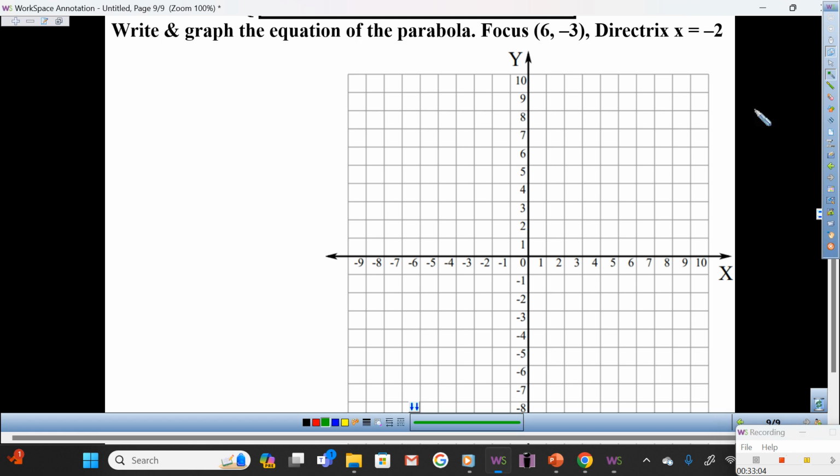Anthony E., what did you write? What'd you start with? Close. y squared equals 4px. And we look at the focus, it doesn't have a 0, so we can't use that.